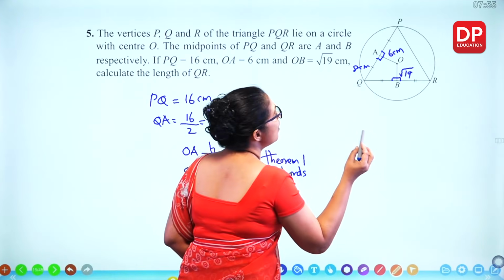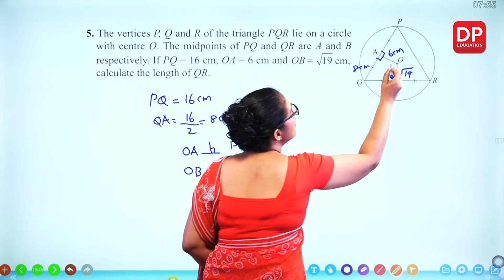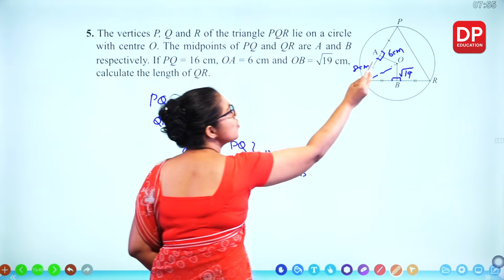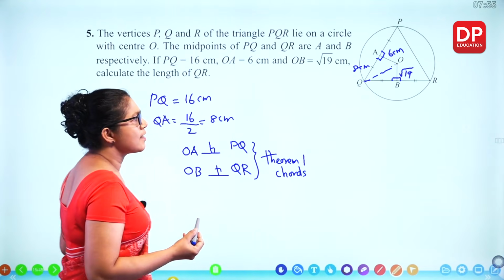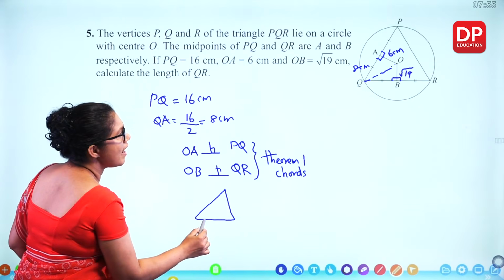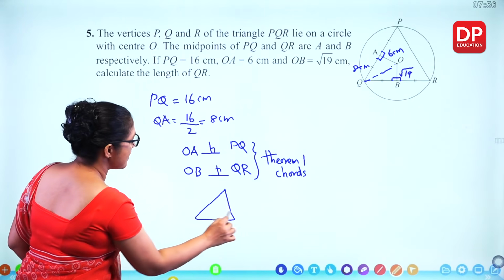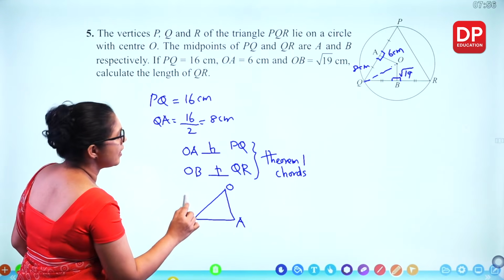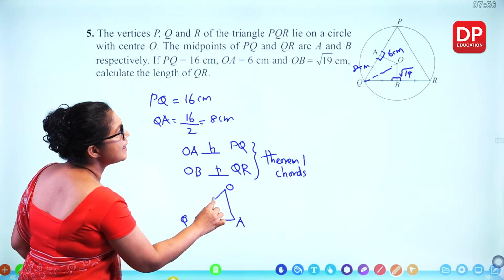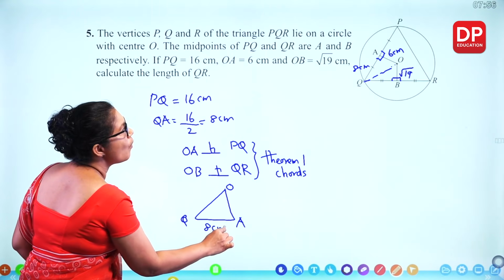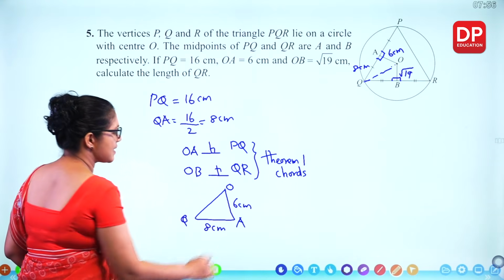Now here when you draw a line and connect OQ, you get two right angle triangles. Now we'll draw the first right angle triangle. You get A is 90 degrees. OQ, we don't know the length, and AQ is 8 centimeters, OA is 6 centimeters.